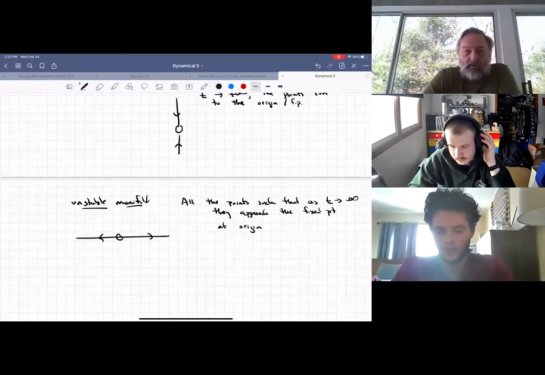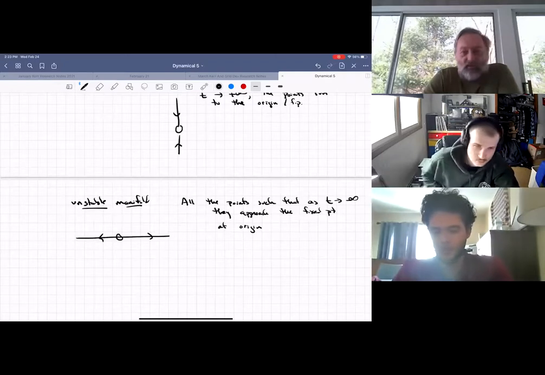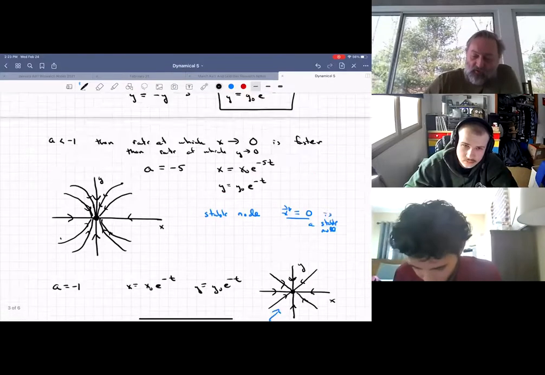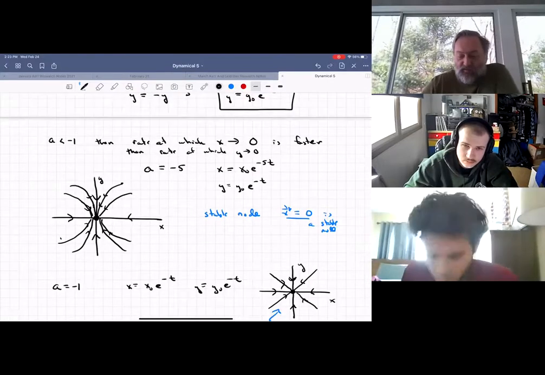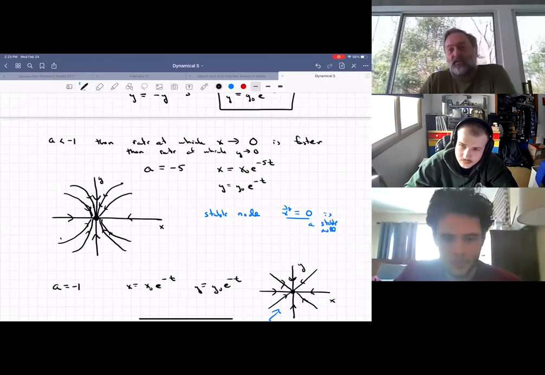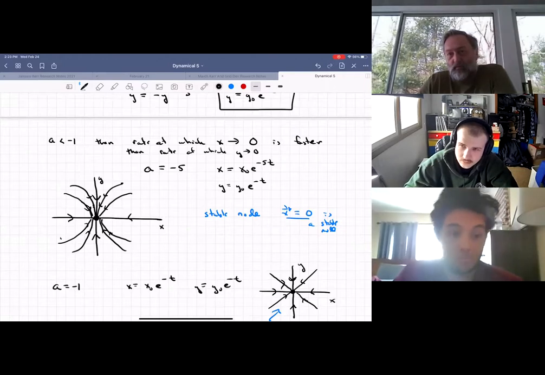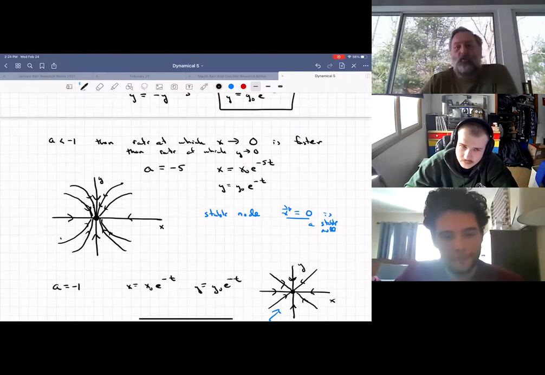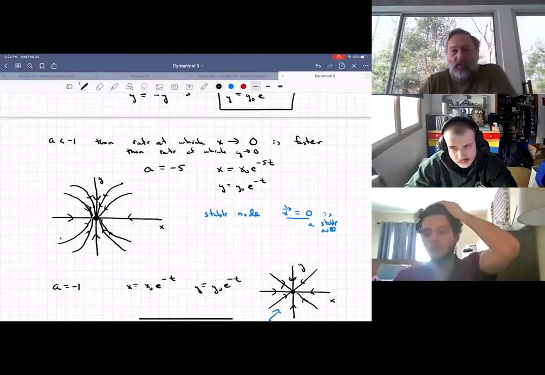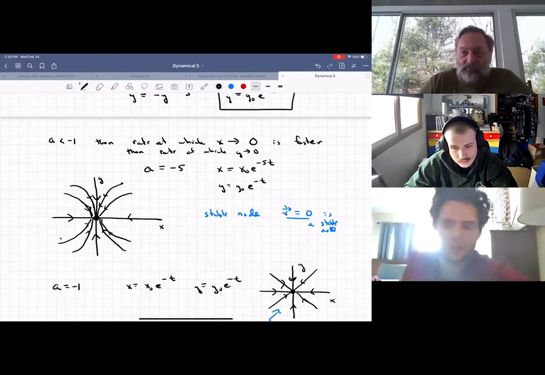Okay. So you can have a stable manifold, you can have the unstable manifold. Now, if we go back up to the stable node we've drawn, the entire plane is the stable manifold, because all the points go to the fixed point as I run forwards in time, and there is no unstable manifold.